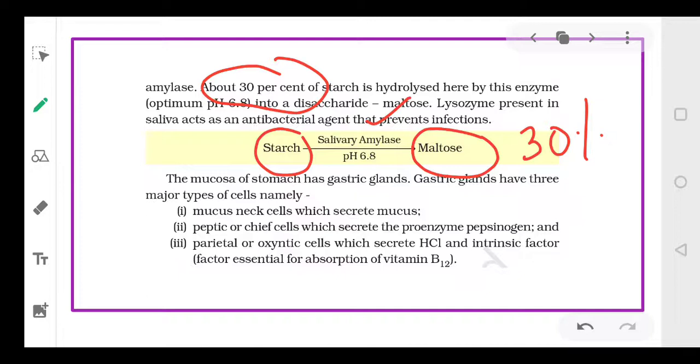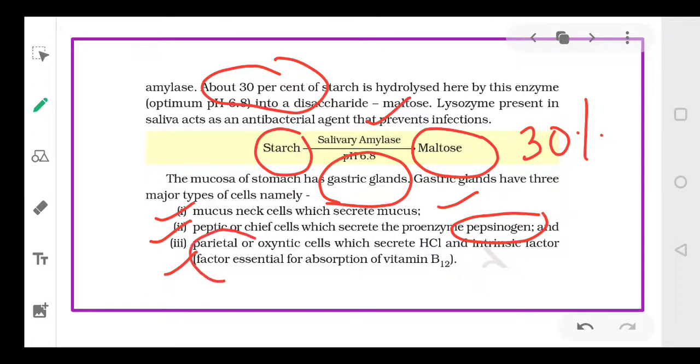Now as the food reaches the stomach, your stomach contains gastric glands, and these gastric glands have three major types of cells. First are your mucous neck cells, second your chief cells, and third your oxyntic cells. Your mucous cells secrete mucus. Your peptic cells secrete an enzyme called pepsinogen, an inactive form, and once the food enters, the pepsinogen is converted into pepsin by the HCl.